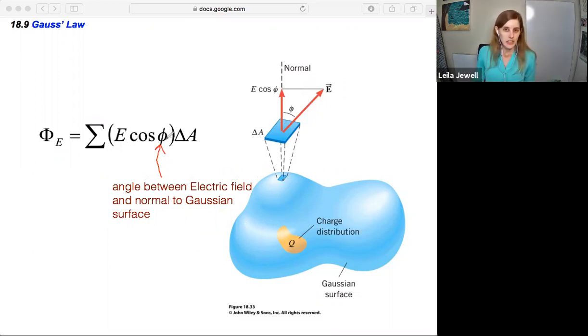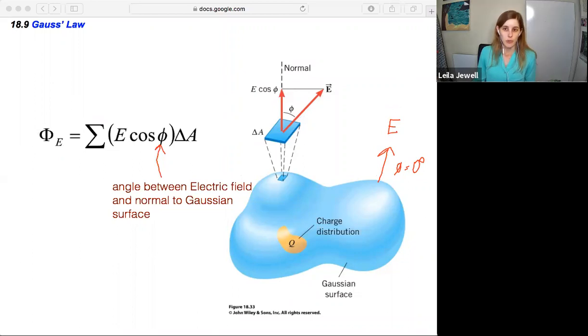It's a slightly longer version, but you can see, hopefully, that if the electric field is going straight through the surface, perpendicularly, then it is at an angle of 0 degrees. And the cosine of 0 is 1. So when you are going straight through, the simplified version is that the electric flux is just the electric field times the area.